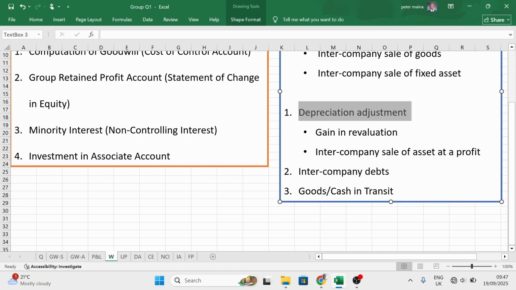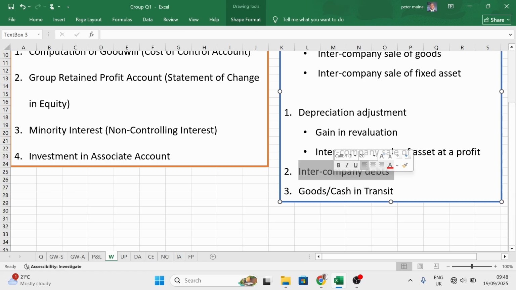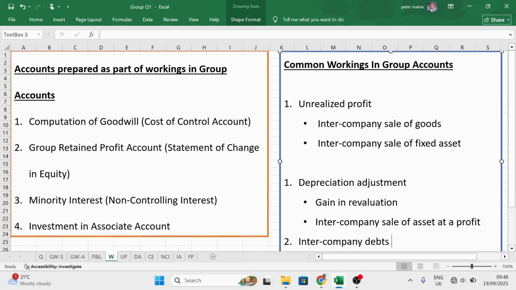This can result from the gain in revaluation, and it can also result from intercompany sale of asset at a profit, but we don't have that one in this question. We normally have intercompany debts, which we have in this question. In some cases, we have goods and cash in transit, but in this question, we don't have goods in transit or cash in transit. So you're only going to make the workings for what you are given in this question.